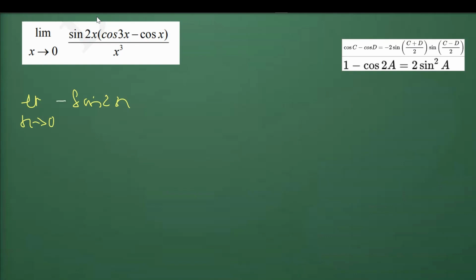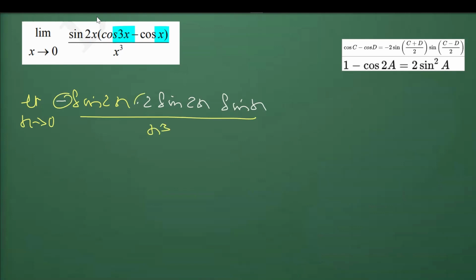So I'll write minus 2 sine of c plus d by 2. So 3x plus x, what is that? 4x by 2 is 2x, right? And then similarly sine of c minus d by 2. So 3x minus x is 2x divided by 2 is x. So we have sine x over here and then the whole thing divided by x cube.